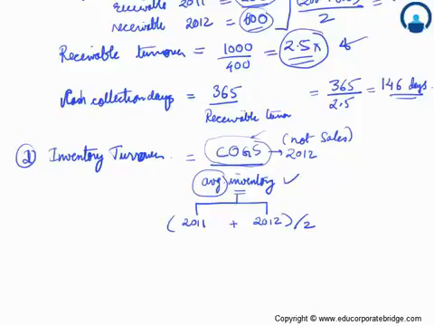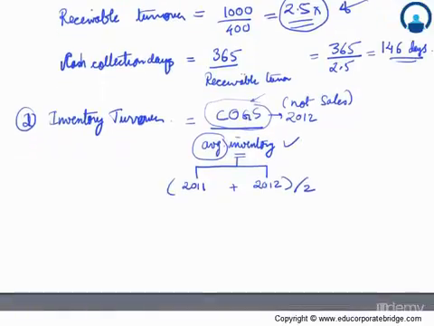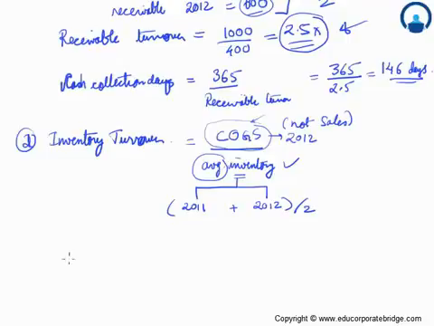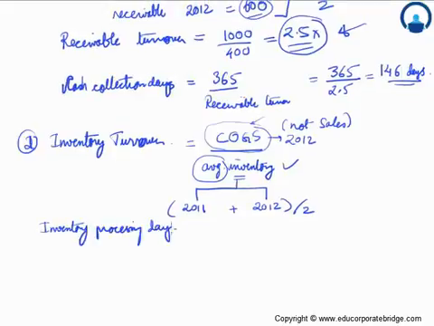So this is how your inventory turnover can get calculated, and once you have calculated the inventory turnover, your inventory processing days can be calculated as 365 divided by your inventory turnover.